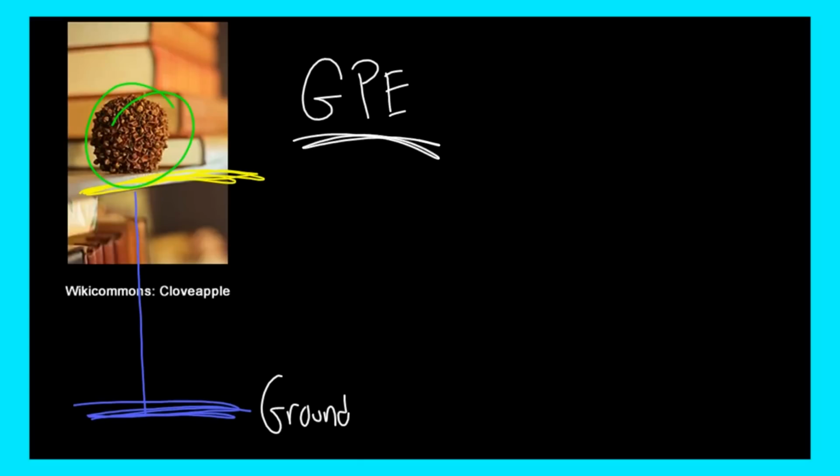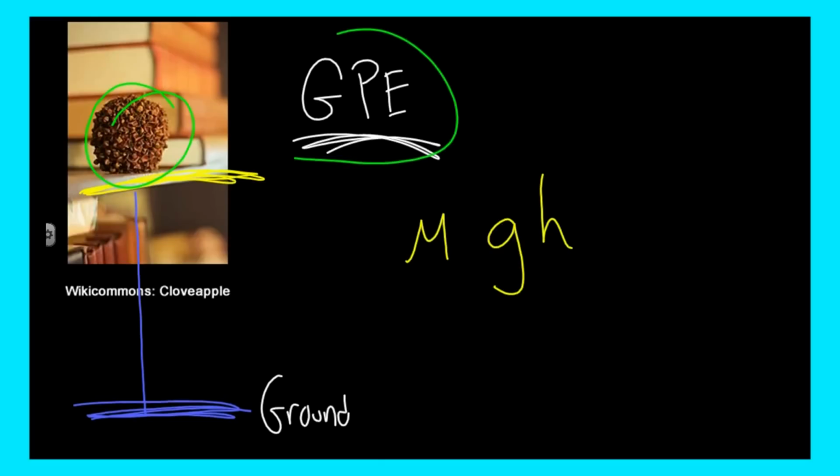The gravitational potential energy of that object relative to the ground is based on the equation GPE is equal to mgh. So when we're calculating our potential energies, we are always going to calculate using mgh in this class because we're focusing all on GPE and the mechanical energy of GPE and how that interacts with KE, kinetic energy.